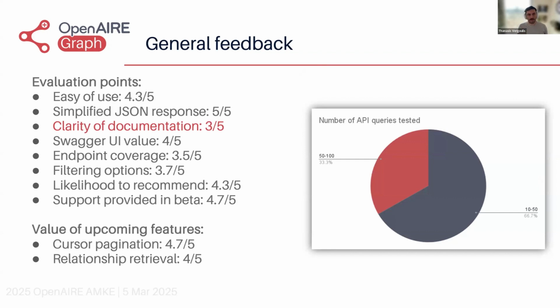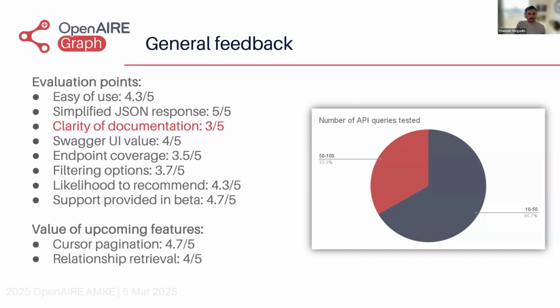In general, based on the feedback that we got from the beta testers, in most cases the results were satisfying for them, and the documentation in some cases should be improved, and we tried to focus on that in the meantime.